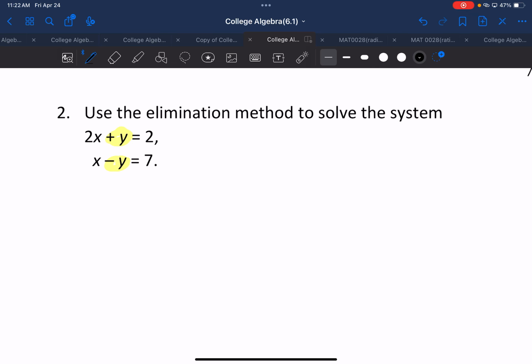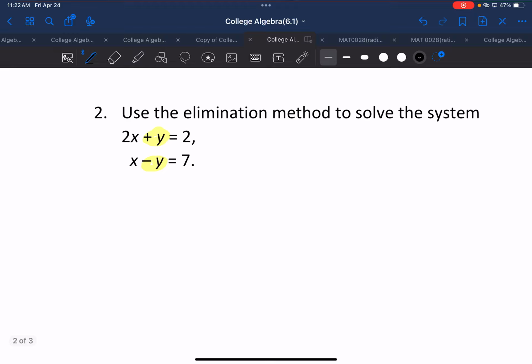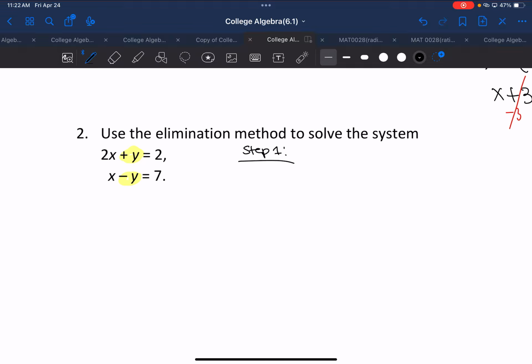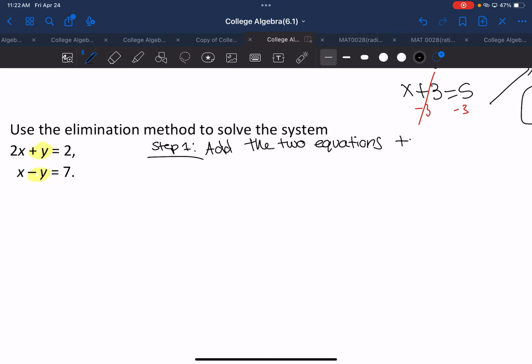If I added those two together, they would cancel, right? So I already have additive inverses, so I don't have to worry about that. So step 1 here would be to add the two equations together. And I'm going to talk about what that means.